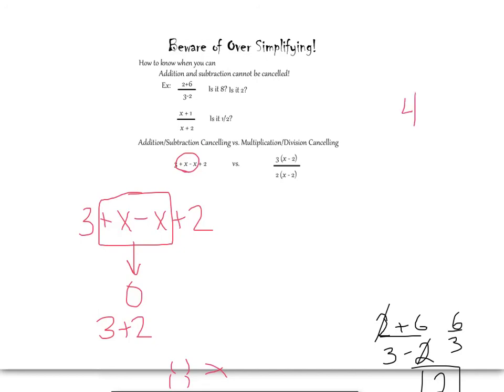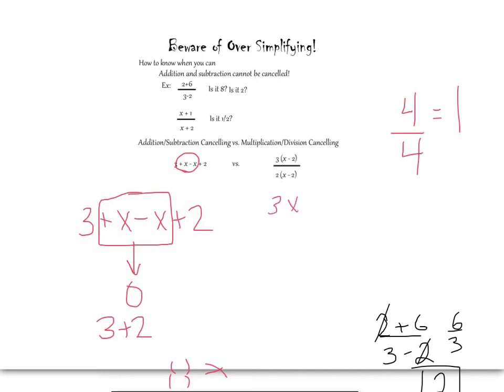For example, if you have 4 over 4, you can cancel that 4 over 4. But we all know that 4 over 4 is 1. So you are really just turning that 4 over 4 into 1.